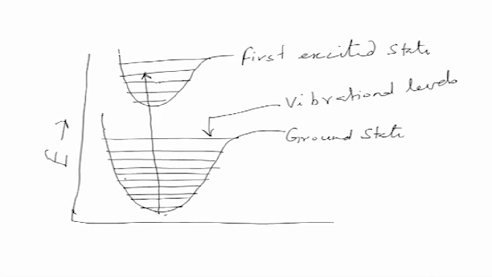So, these are electronic shells and these are vibrational, a further division that divides them into vibrational levels, and further vibrational levels could be divided into rotational levels, which are not shown in here.